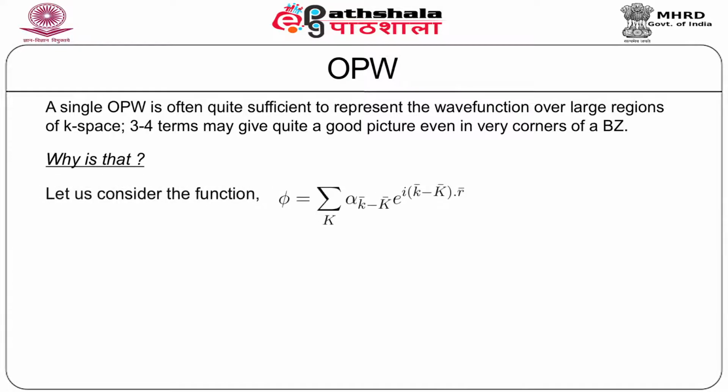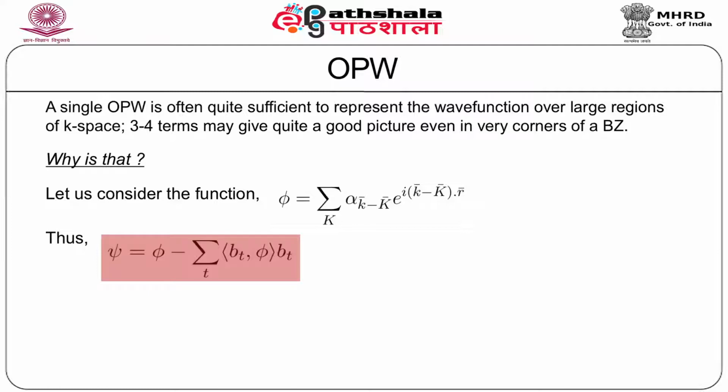Supposing that psi k is the exact wave function with some definite values of this coefficient alpha, and considering the function phi, which is given by a summation over capital K of alpha times e to the power i k minus capital K dot r, we can write psi equal to phi minus a summation over t of the product of bt and phi times bt, forgetting this k index at the moment.